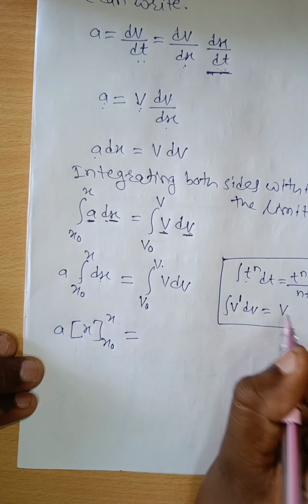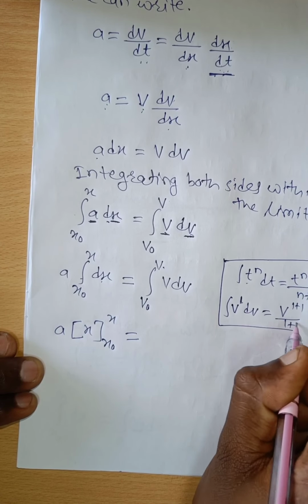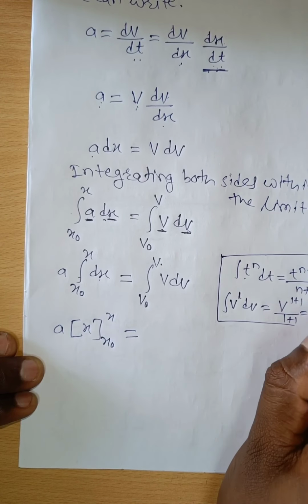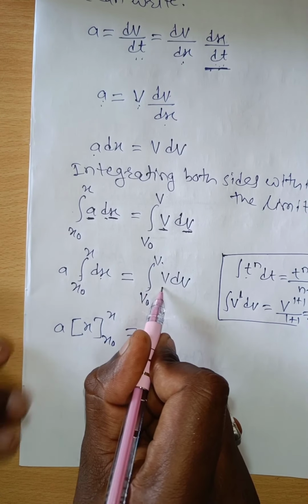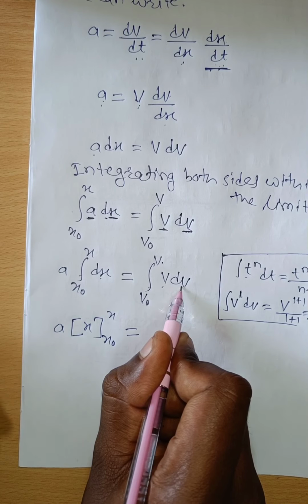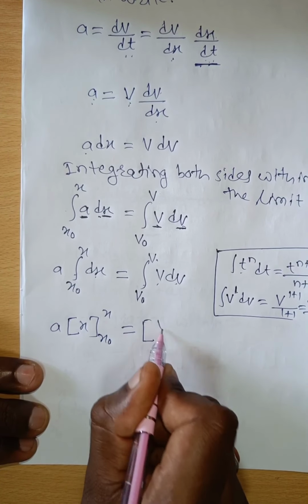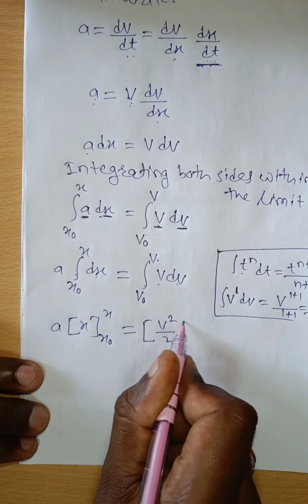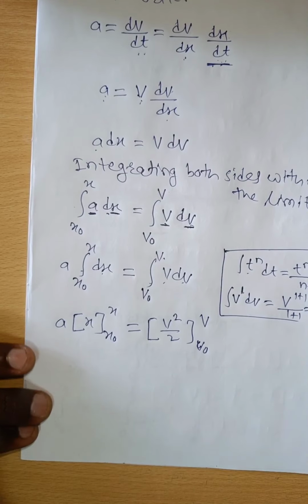Then it is v to the power of 1 plus 1 divided by 1 plus 1, which means v square divided by 2. Therefore the integration of v into dv is v square by 2, having lower limit v naught and upper limit v.